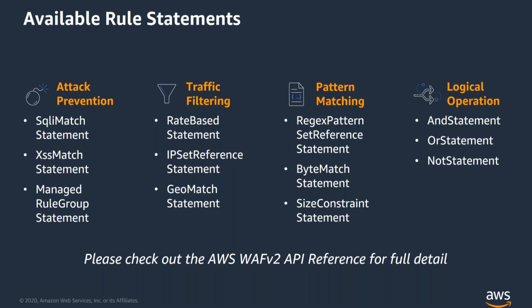For traffic filtering, we have rate-based statement, IP set reference statement, and also geo-match statement, or the country match statement. For pattern matching, you have the regex and the string match. And you also have something called size constraint, where we will measure the length of the field and match it accordingly. Lastly, we have logical operations such as AND, OR, and NOT.